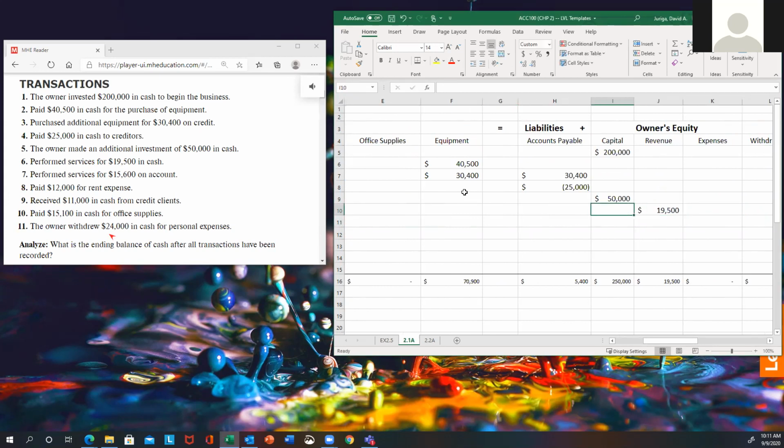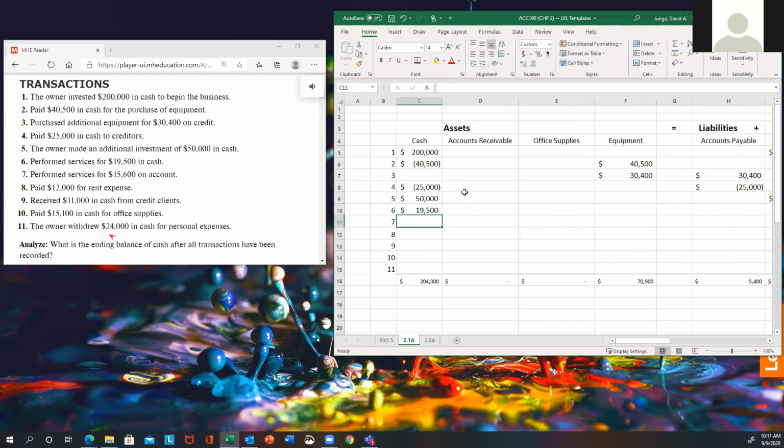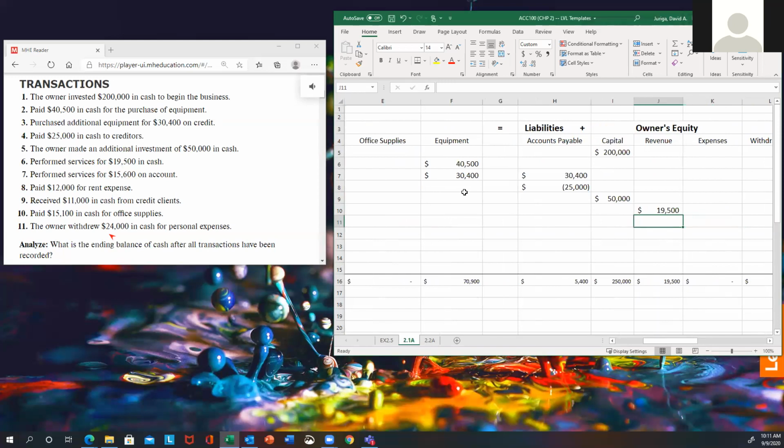Now, same thing on 7, and then I'll stop and see if there's any questions. 7 says same thing, perform services. It's 15.6, but on account. So I'm going to go accounts receivable 15.6, and then put the other one again. It's still revenue.